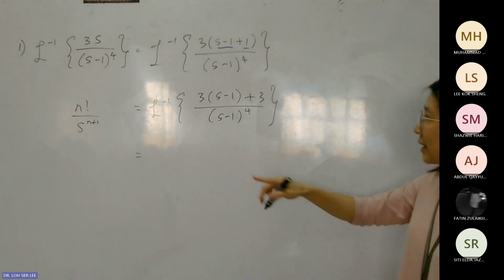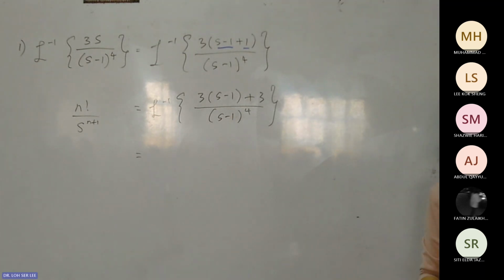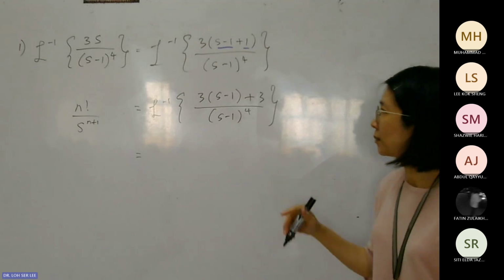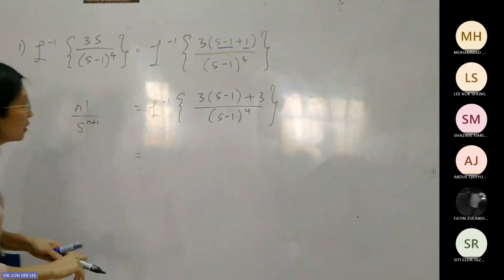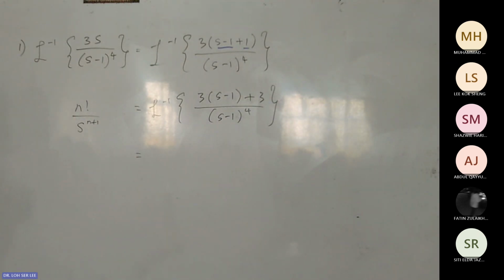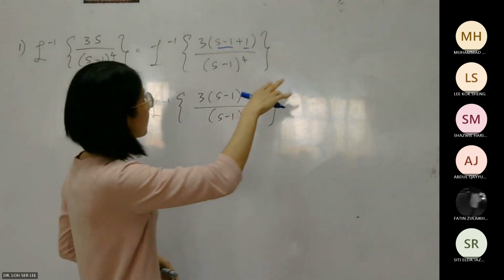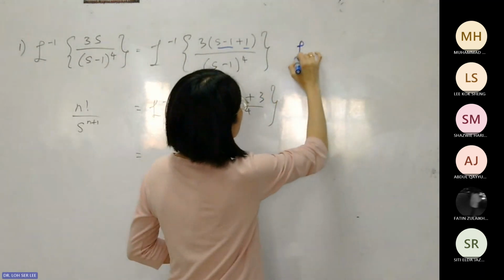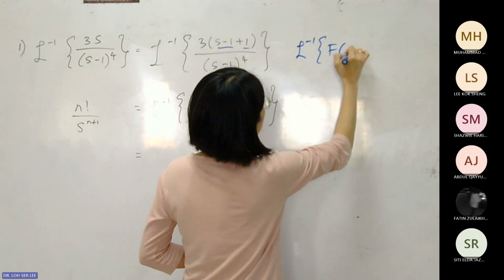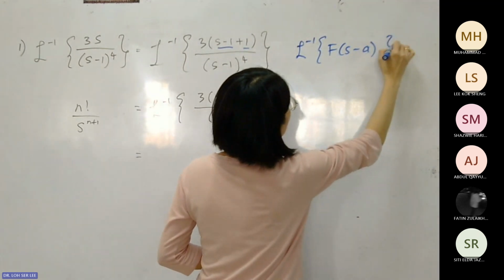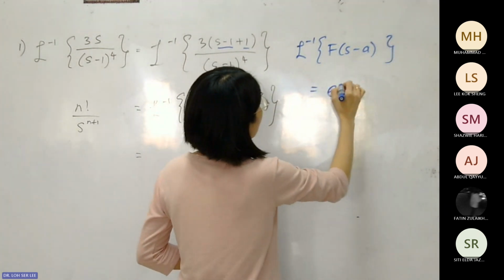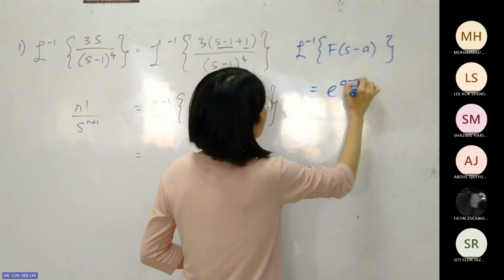We can start to take out the 1. According to the formula, you have to always refer back to the formula. The formula is, I write it here, inverse Laplace of F(s minus a) equals e to the power of a t.